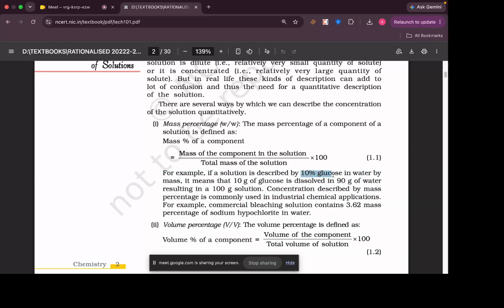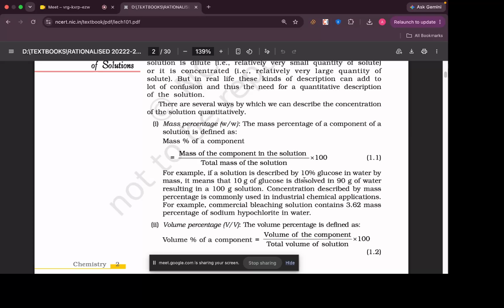If I ask you 10% glucose in water by mass, you have to write 10 gram of glucose, 100 minus 10 is 90, 90 gram of water. Now you can assume in your mind, I will take 10 gram of glucose, 90 gram of water, mix, and get 100 gram of solution. Everything is clear, because we don't have to exceed or go lower than 100 gram, because percentage is calculated on 100 value, resulting in 100 gram of solution.